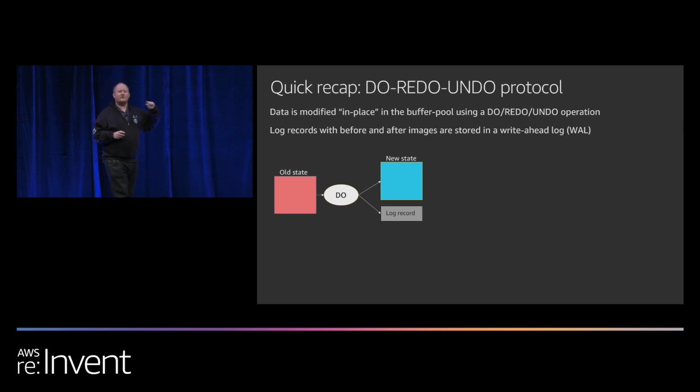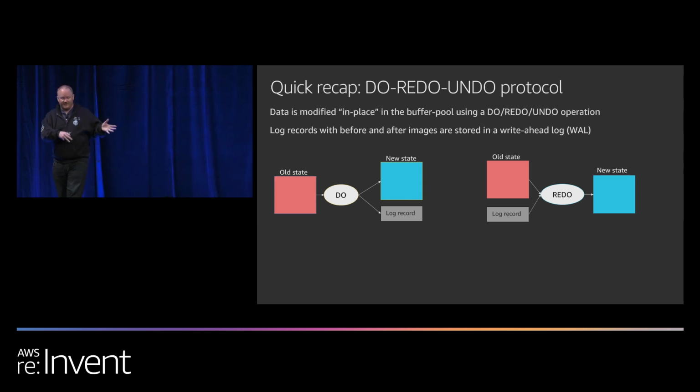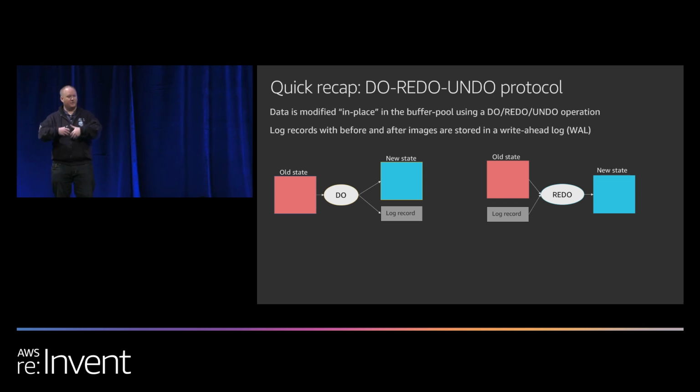Okay? And the log record is important because we can use that to redo this later or undo this. So a redo would mean I have the old state and I have the log record, and I merge the two and I get the new state. And we'll see on the next slide why we would need a redo.